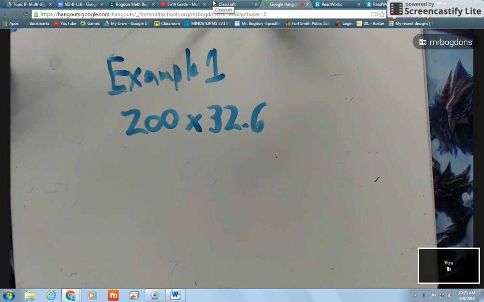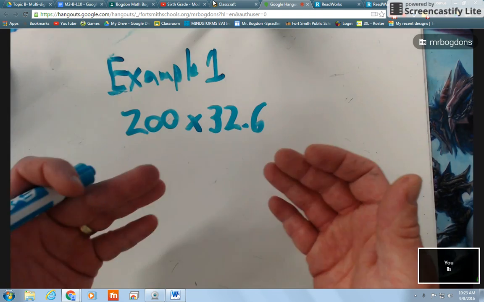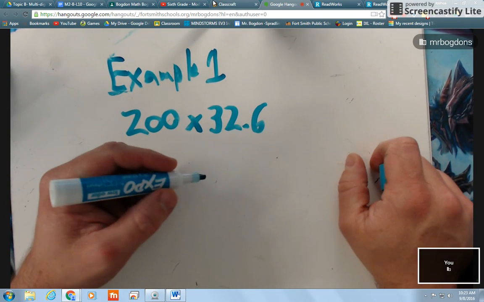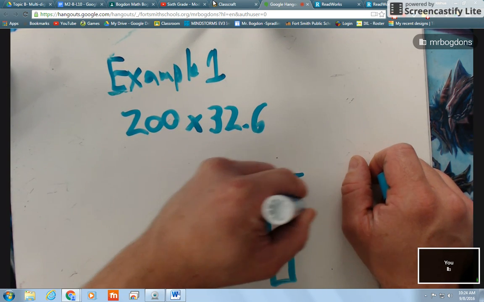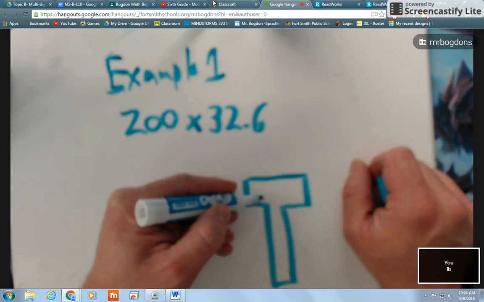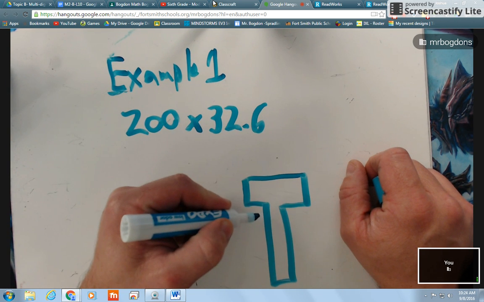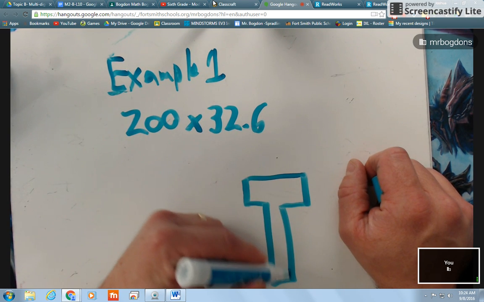Distributive property, partial products. Does any of that ring any bells with anyone from 5th grade? Distributive property. What does it mean to distribute something? If I had a package of candy and I wanted to share it with you guys, I would pass it out, right?